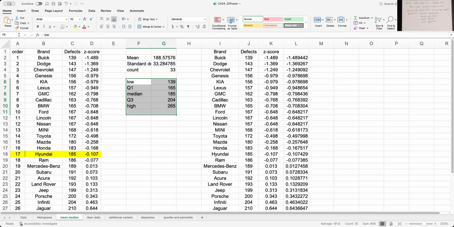So all of these up here, that's my low half, my small half. How many numbers are in that half? If I don't count the yellow box, there are 16. Find me the median. In a group of 16, I have 16 things, where's the middle?